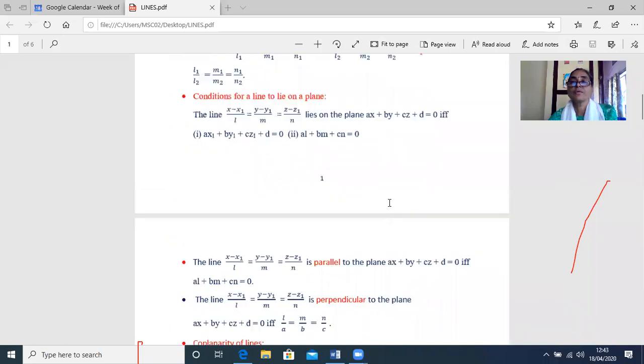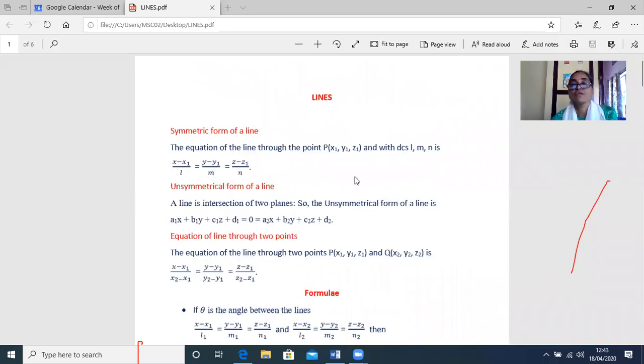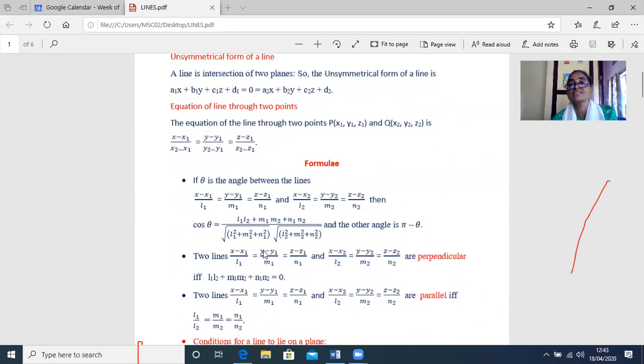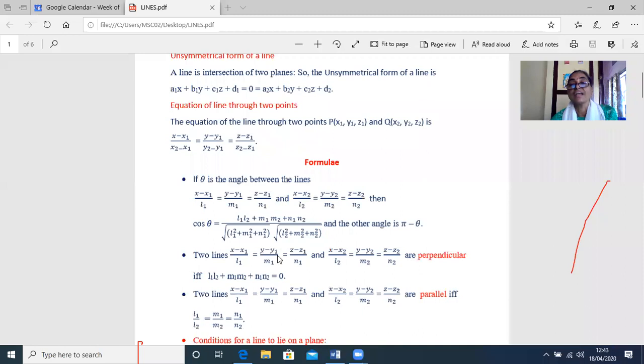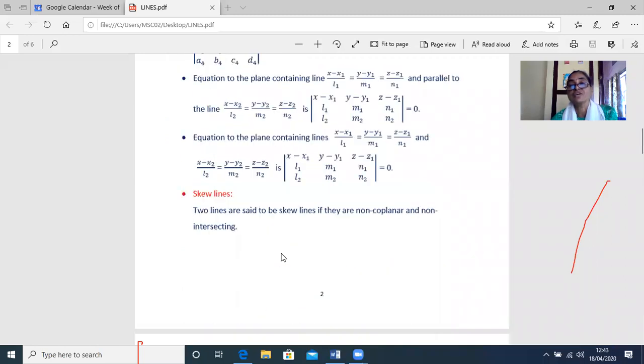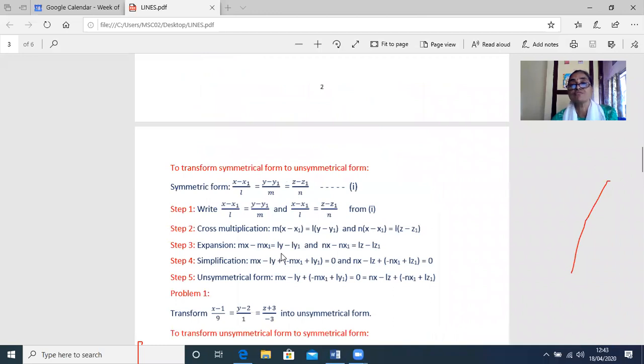What I did today, in brief, I'm going to tell you once again. First, we have seen the various forms of lines like symmetric form, unsymmetric form, equation of the line through two points, and then we have seen some formulae related to the lines. Afterwards, I have done four varieties of problems.